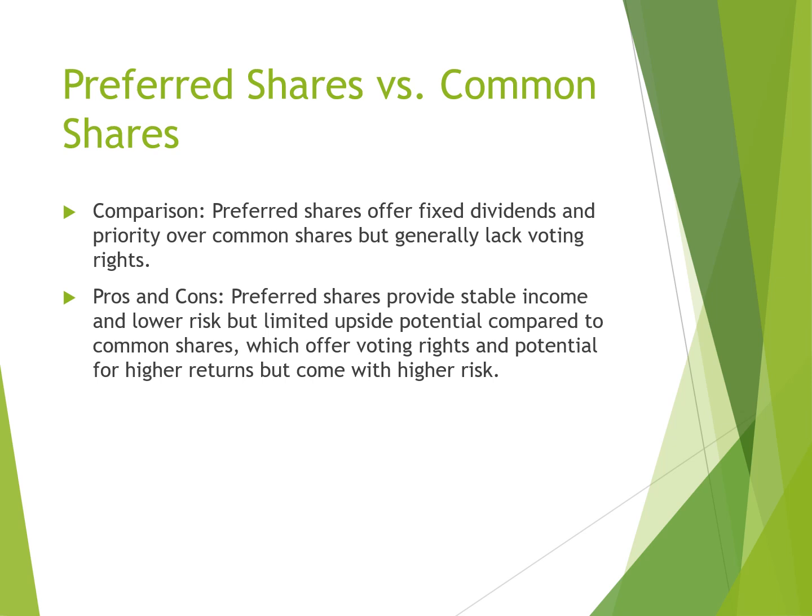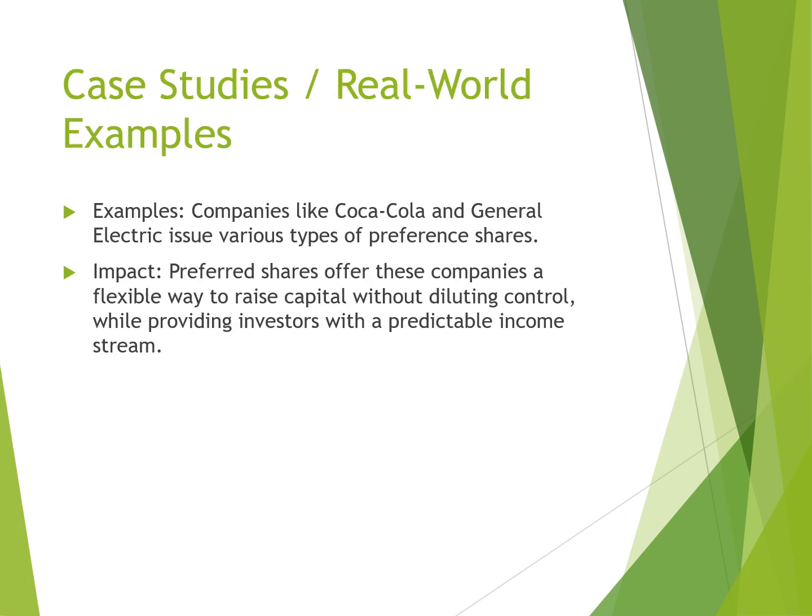With preference shares, you get a stable income and low risk. Common shares offer voting rights and higher returns, but come with higher risks. Your common shares are nothing but your equity shares.